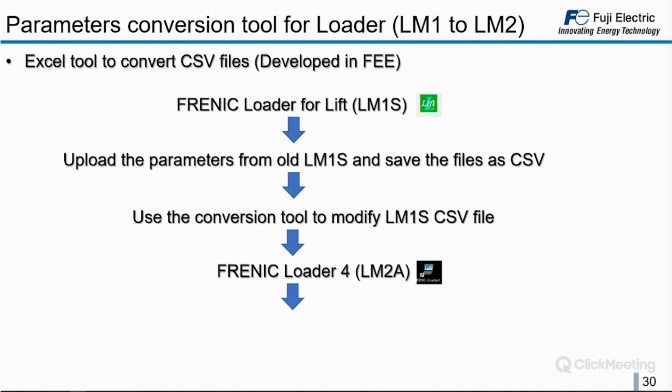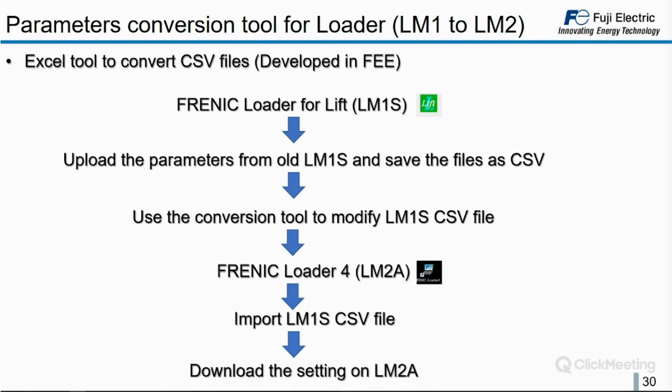So from the loader, we open the CSV file and we import it, and we convert it. And when it's converted, we can download it to LM2. Okay, so thanks to this tool, we can make the retrofit of old or broken LM1 to LM2 very, very easy. Okay, so that's all.